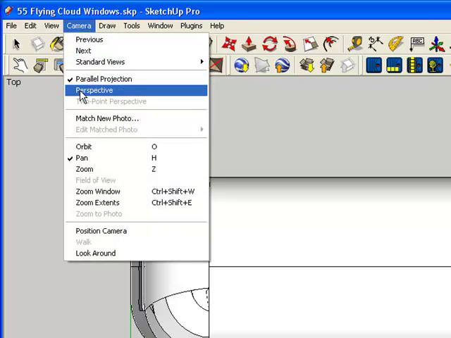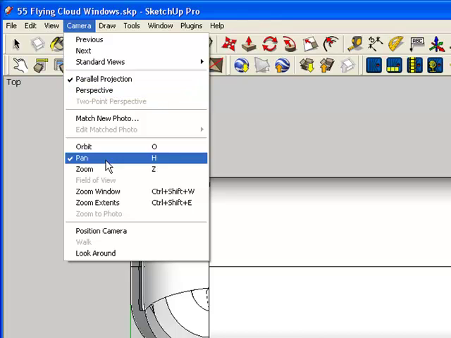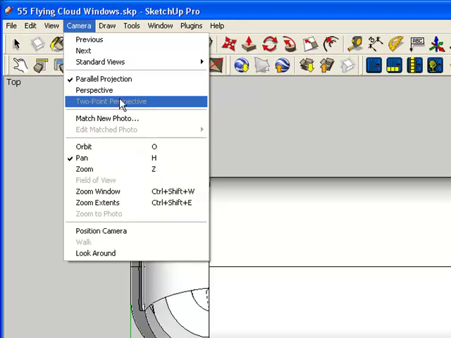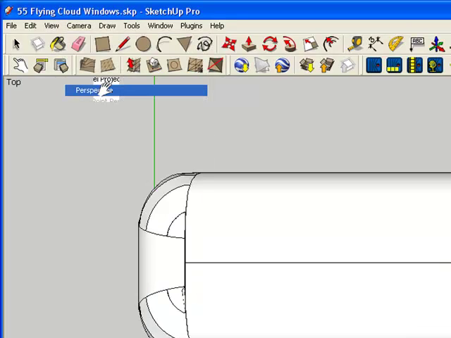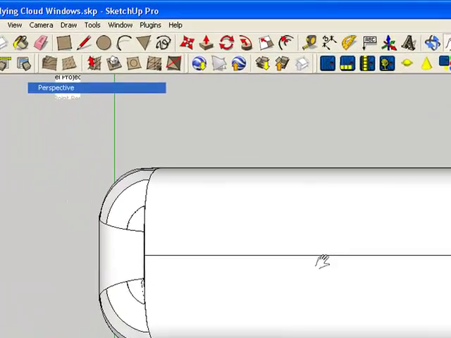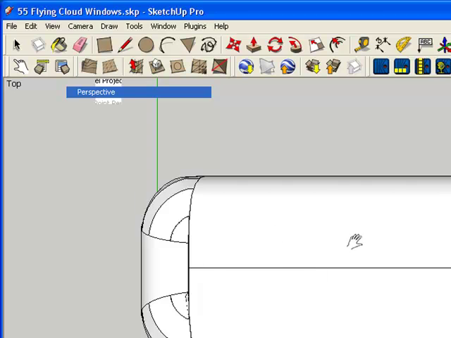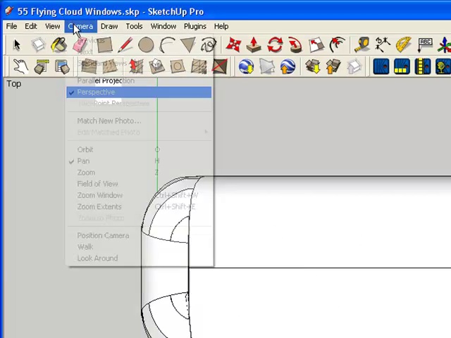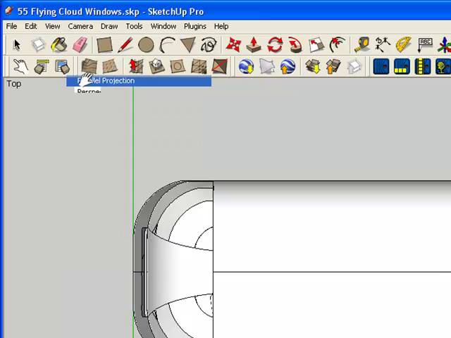And especially in this 50s Flying Cloud trailer, watch how what you see on the back of the trailer changes considerably when it's perspective, because all the lines that are going away from us are going to a single vanishing point right here, so they're all going in this direction. And what's important for us again is camera, parallel projection, so that this is a flat top view.